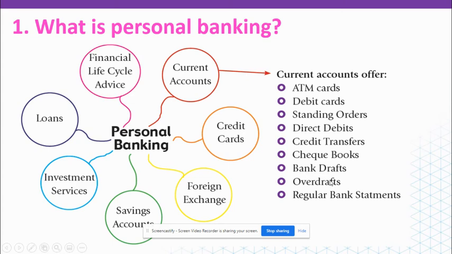So when your account is at €0 and you have no money, you can still pay for things and you can still withdraw money from your account, because you have an overdraft set up. So say your overdraft is set up for €500, that means that when your account is at zero, you can still pay for things and take out money up until €500.